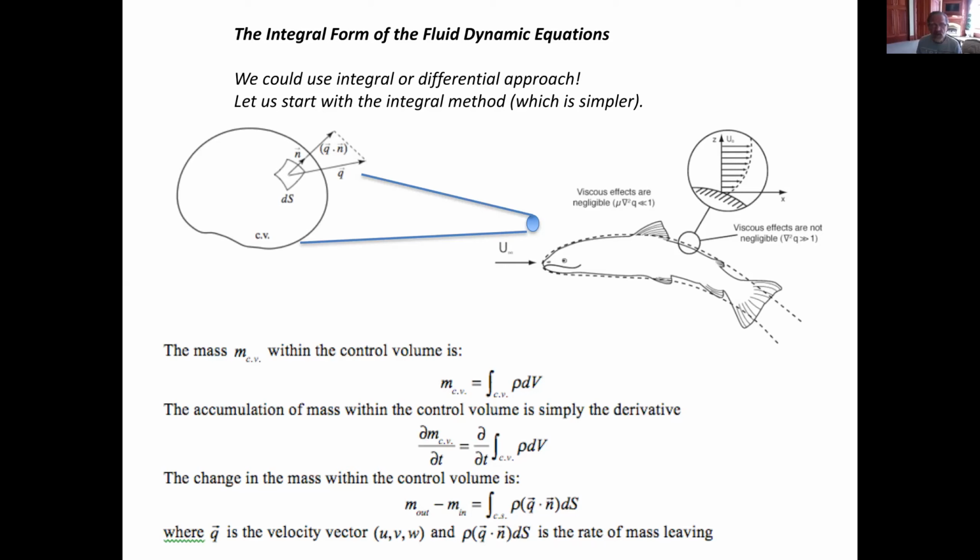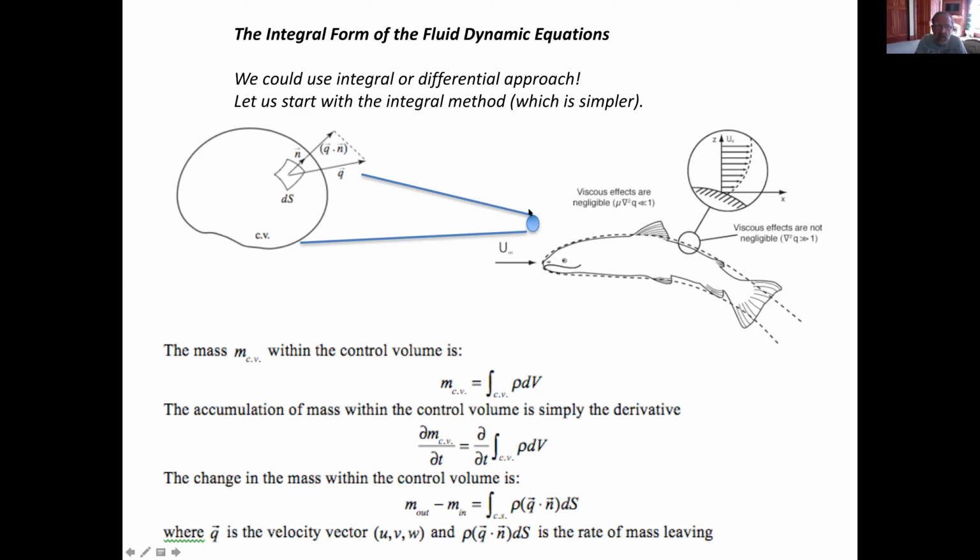This is called transport phenomena, and I can do the same relation for, say, a drop of blue paint, where I want to see how the blue paint changes position and goes through the fluid. Anyway, I don't want to confuse you. Let's focus on the matter at hand. So, there is this complex flow over the fish.